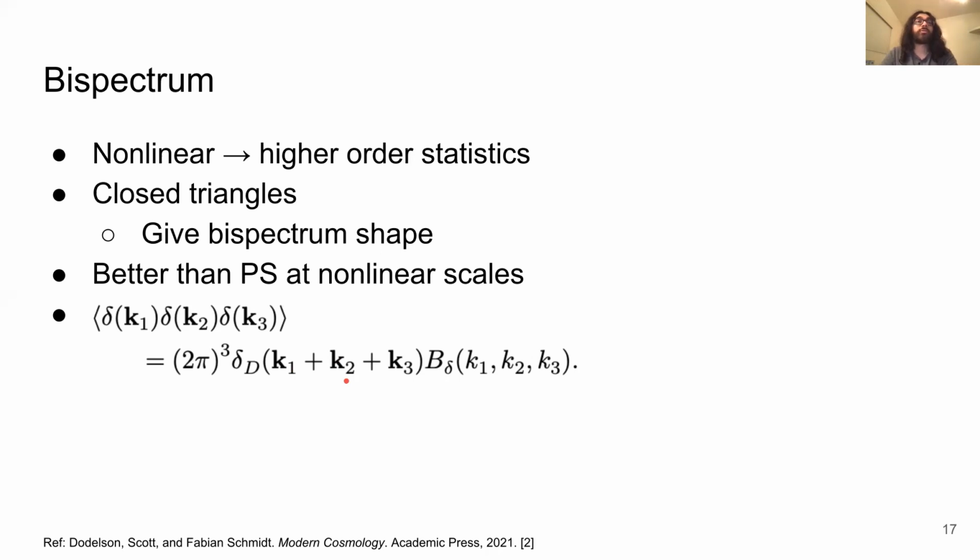And we refer to that as the bispectrum's shape. So when measuring it, you can think of it as going into k-space, creating a bunch of these triangles and adding them all up. That is one way of thinking about calculating the bispectrum. And the bispectrum shape is usually how we differentiate between different models for the bispectrum.